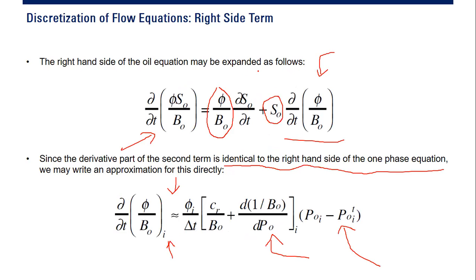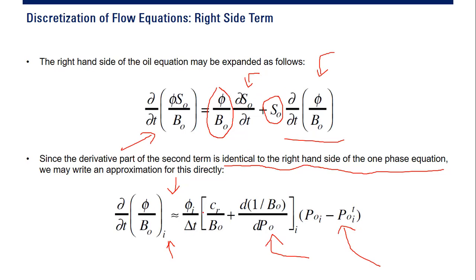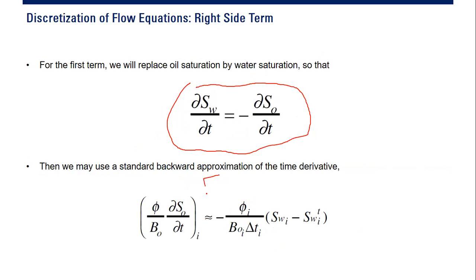For the first term here, this is the first term. Then we may use a standard backward approximation of time derivative. So porosity BO dSO/dt, this term, approximation: minus porosity I divided by BOI delta TI and the change in water saturation.